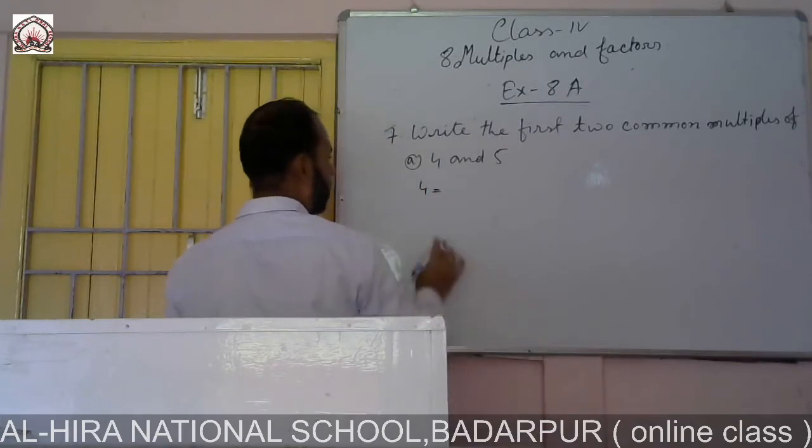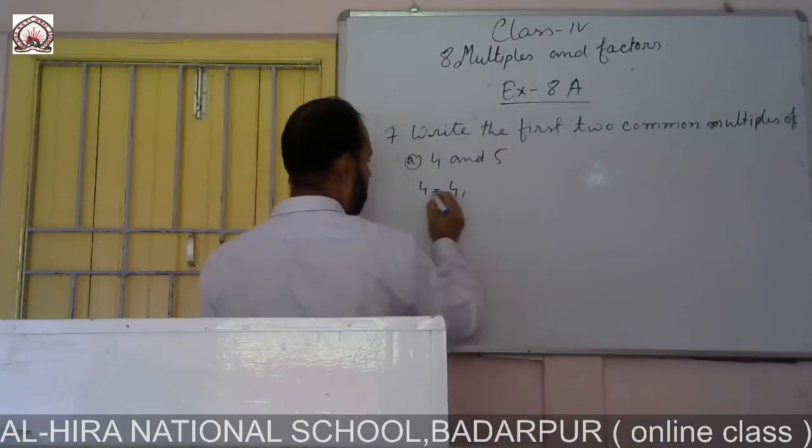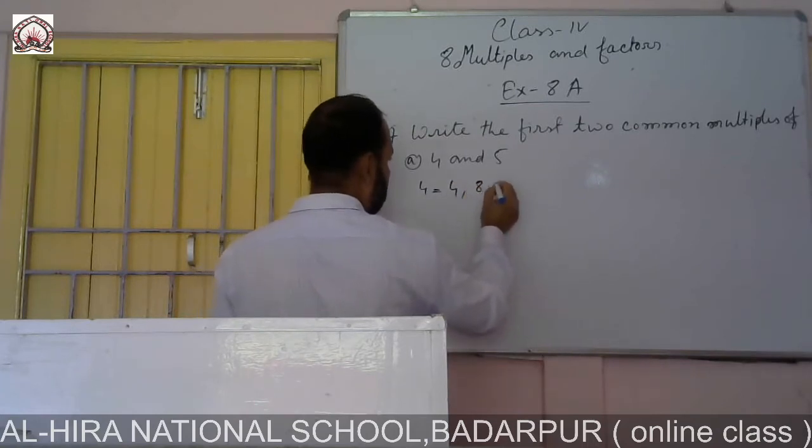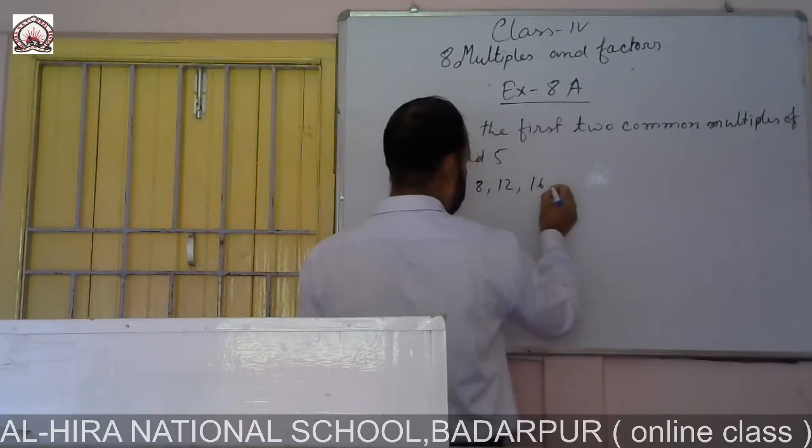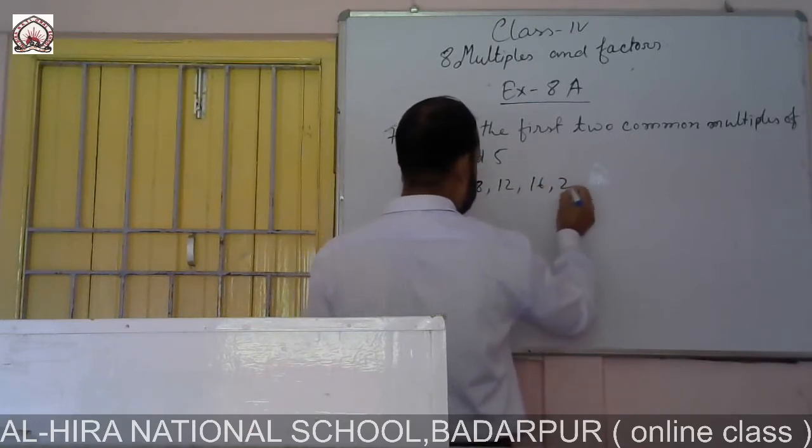Table number 4. 4 1s are 4, 4 2s are 8, 4 3s are 12, 4 4s are 16, 4 5s are 20.